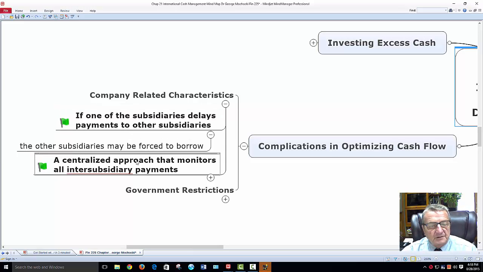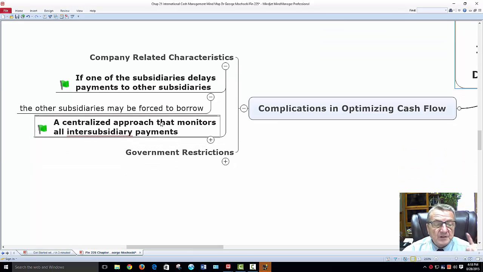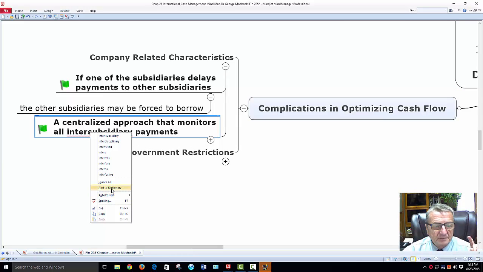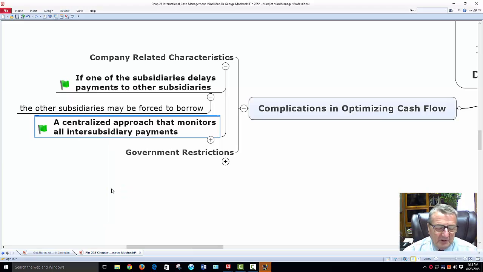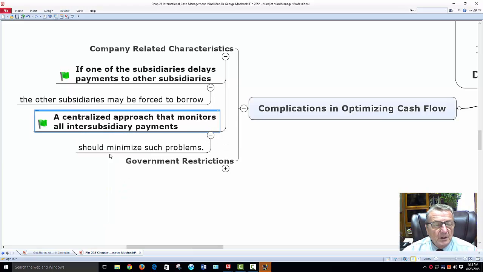Okay? Now, a centralized approach that monitors all inter-subsidiary payments, remember I'm live, I'm not reading off a script, it's recorded, should minimize such problems. But how much risk? You want to trust them because you've got more to do, you don't want to be worried about all that. Even the software is telling me, I'm just monitoring them. Okay, look at your car. If you look at all those dashboards, you've got oil, lights, electricity, everything else telling you what's going on, right?